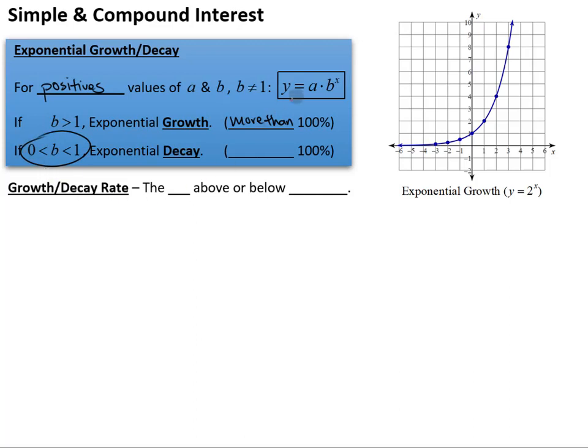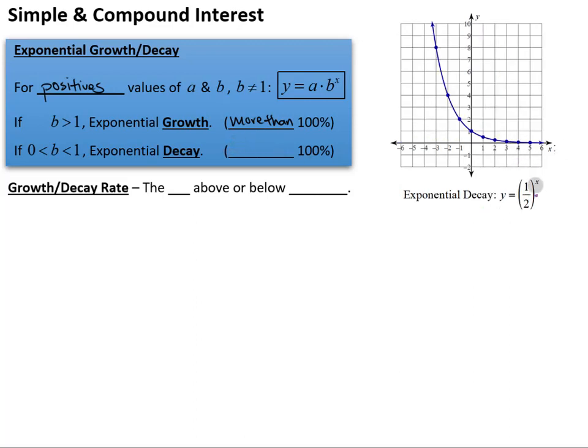If we're between 0 and 1, remember b can't be negative, but if we have a fraction that's between 0 and 1, like 1/2, we get a graph that looks like this. We are cutting our value in half every time we go to the right, and my values get smaller and smaller, and in fact get infinitely close to 0, but never technically get there until you hit infinity.